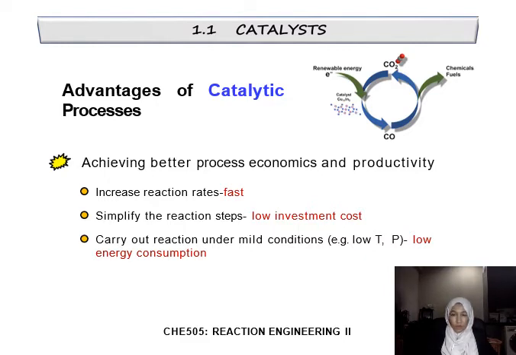So if you carry out a reaction at lower temperature and pressure, the energy consumption would be lower as well. So these three things make your reactions to produce a product very economical and also very productive.